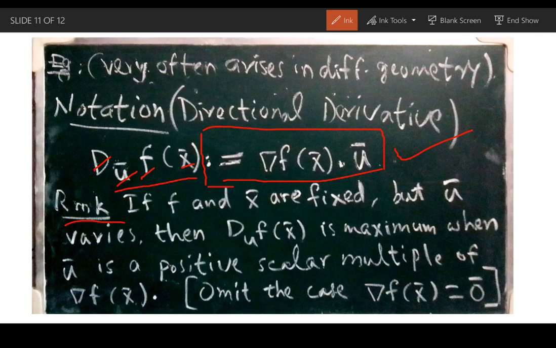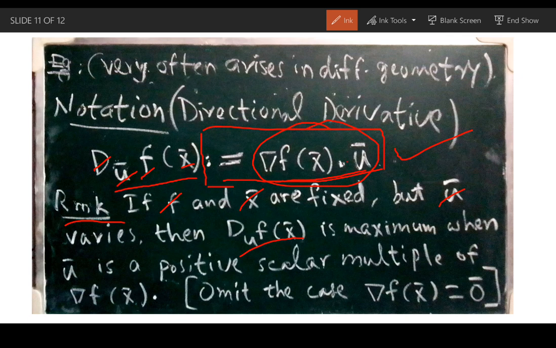Let me make a remark. Suppose you fix the function f and the point x, and you vary your u. That means you take different straight lines passing through the point x. So you can compute now du f at the point x. Now du f at x is given by this formula. When this will be maximum?